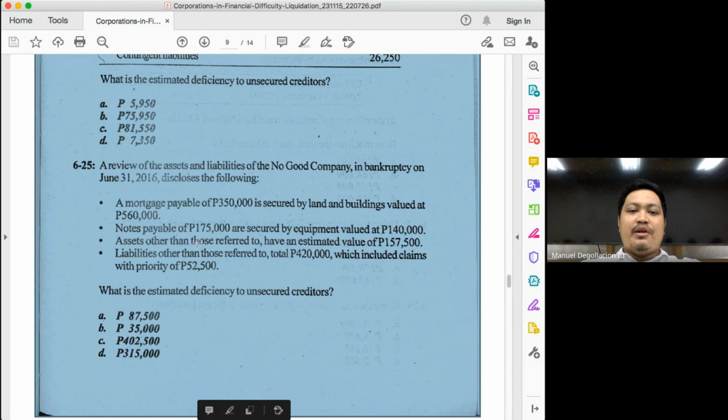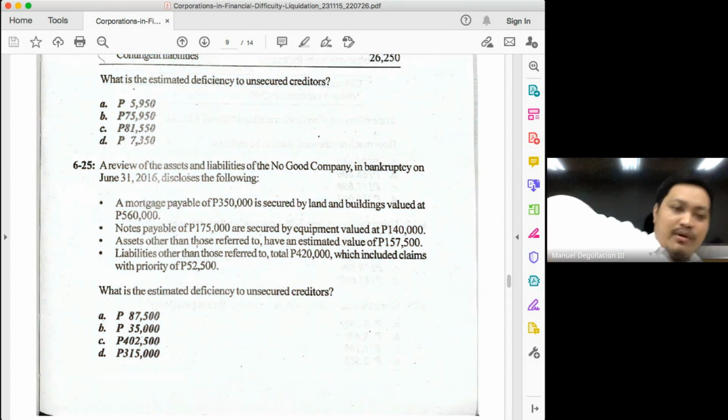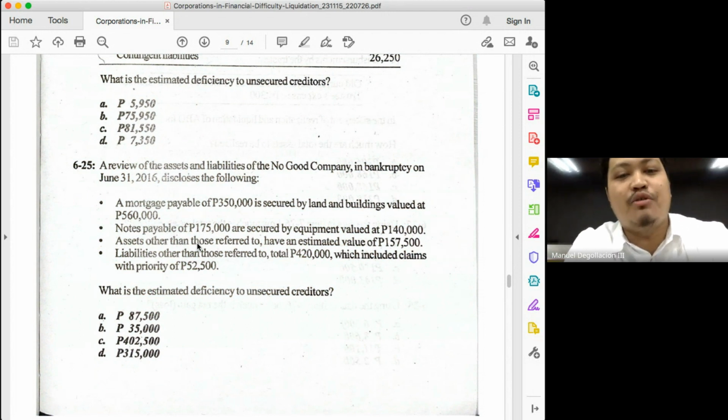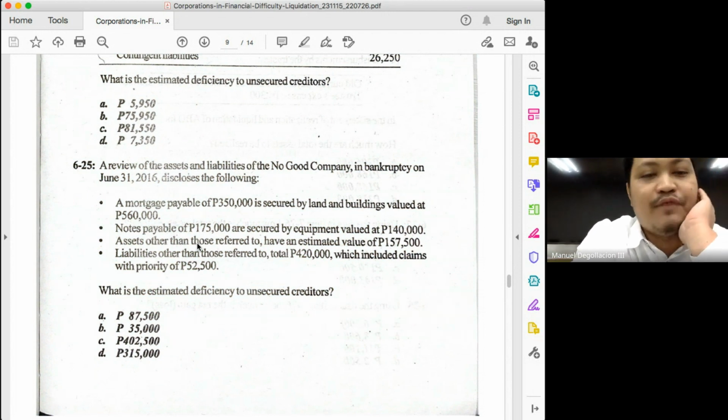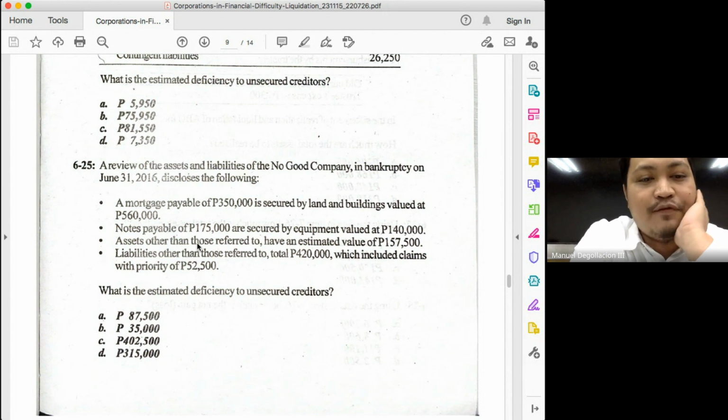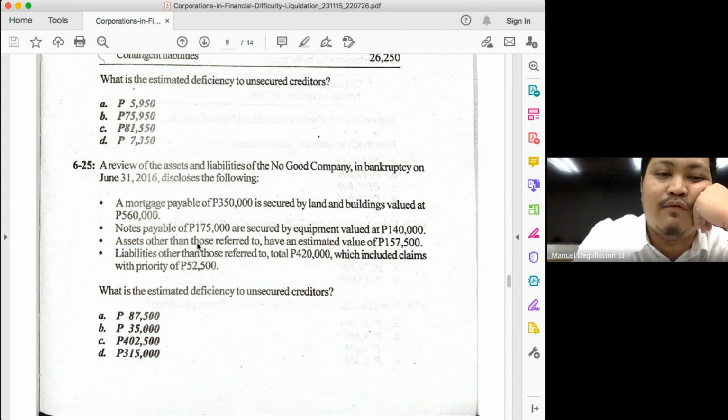So let's try to determine first what are our assets in this problem. First bullet, a mortgage payable of 350 secured by land and building valued at 560. So from this bullet, we will have an asset of 560. So please take note of that amount. Notes payable of 175 are secured by equipment valued at 140. So another source of asset would be our equipment with a value of 140.